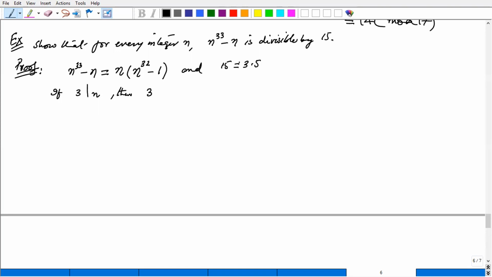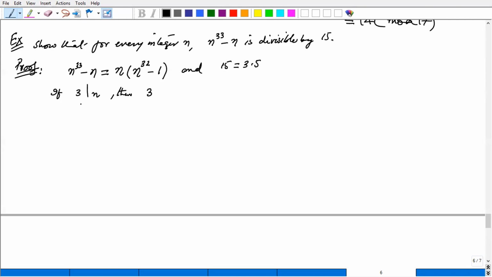First, we will show that 3 divides this expression, and then we will show that 5 also divides it. Because 3 and 5 are the prime decomposition of 15, if both factors divide n to the power 33 minus n, it means 15 divides the expression.